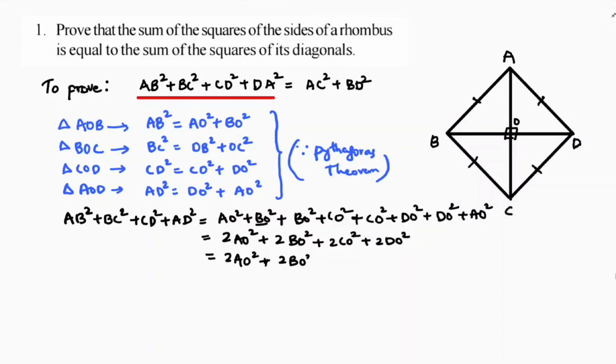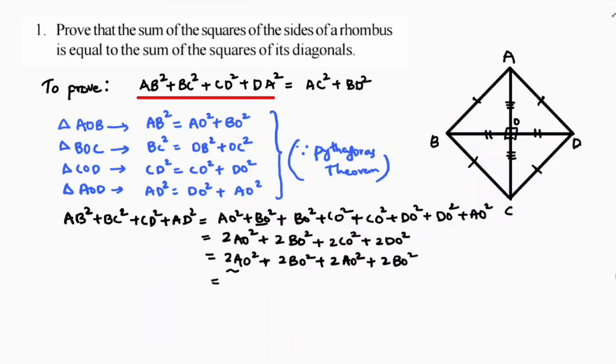Now in a rhombus, diagonals bisect each other. So CO I can write as AO, and DO I can change to BO.